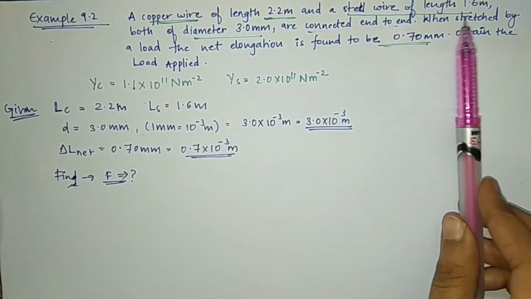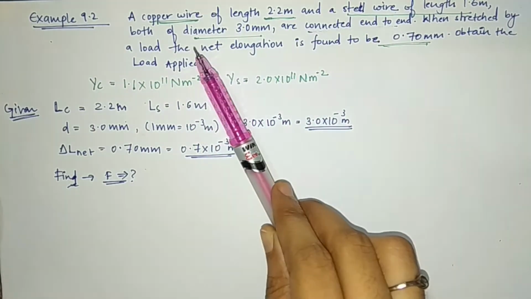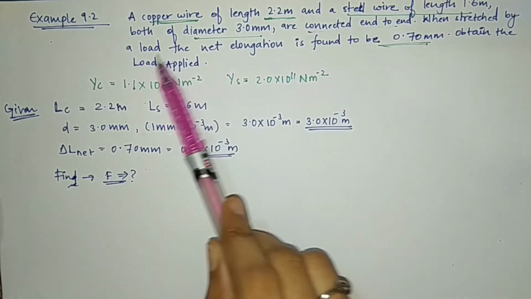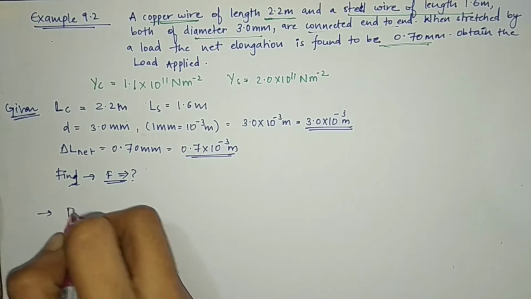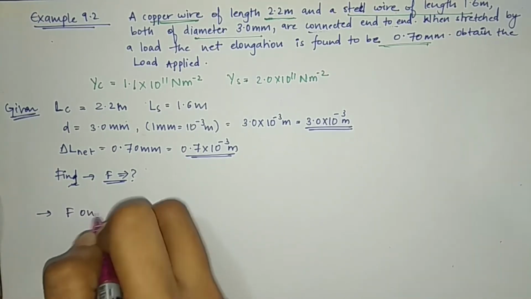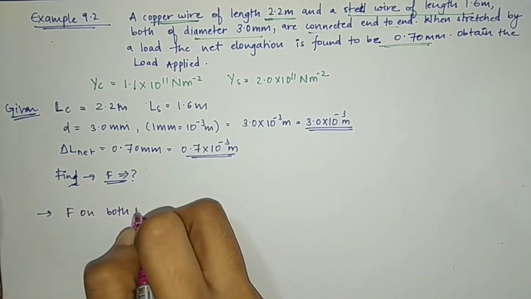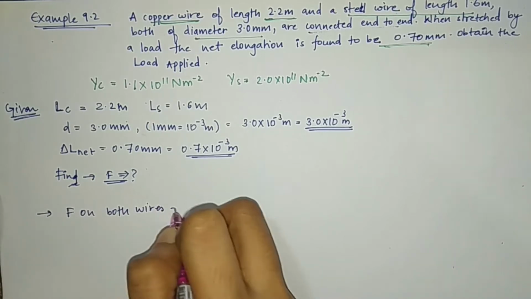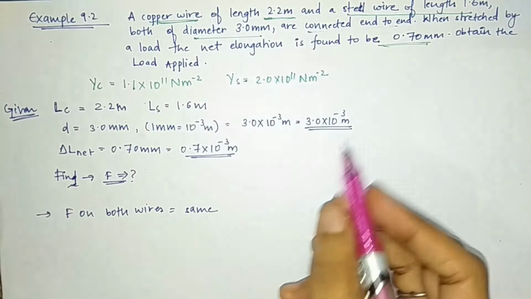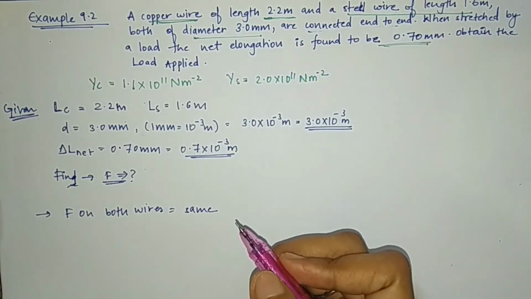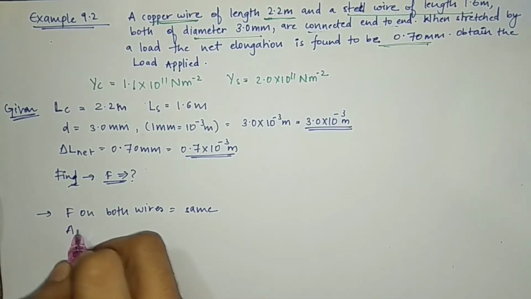The hint given is that the stretch applied is the same. What does it mean? That the force applied is the same. So the force on both the wires is the same. Next, what is same? The diameter. If diameter is same, it implies that the area is same, right?